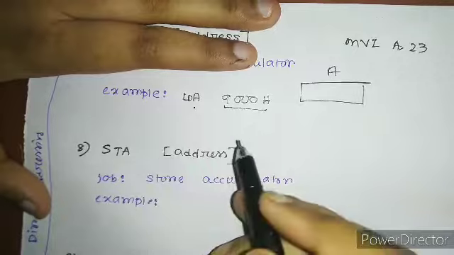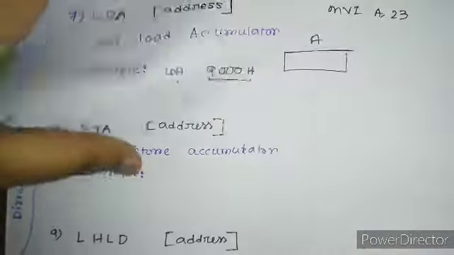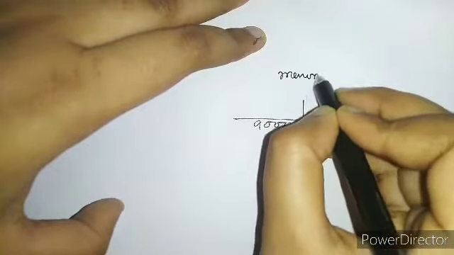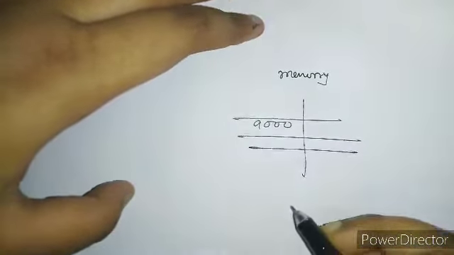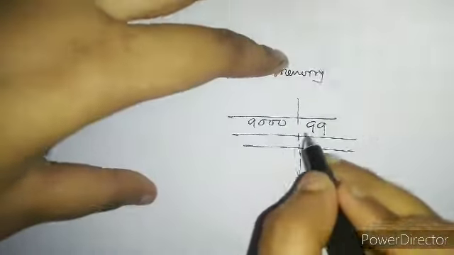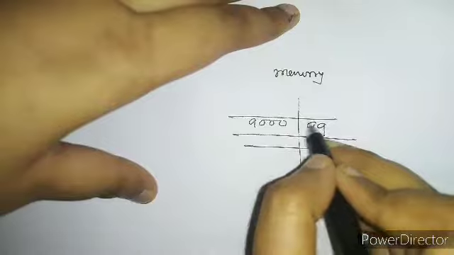This instruction implies that in some memory location 9000 there is a data. What you have to do is get that data from 9000 to A.